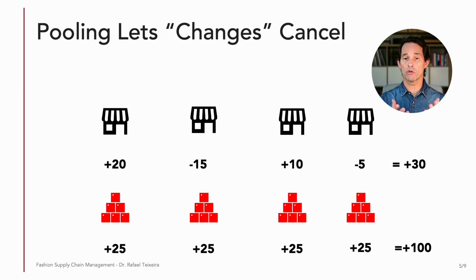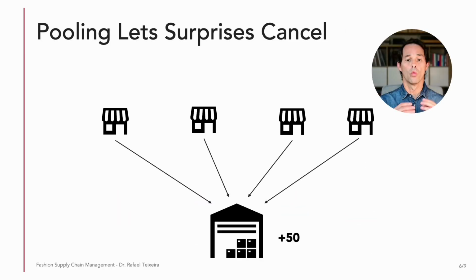But when we look at the variability in the demand, we only need 30 units because some stores are selling below the average demand. When we pool demand in one central warehouse or inventory, we need less total safety stock because high demand is very unlikely to happen at the same time in all stores.